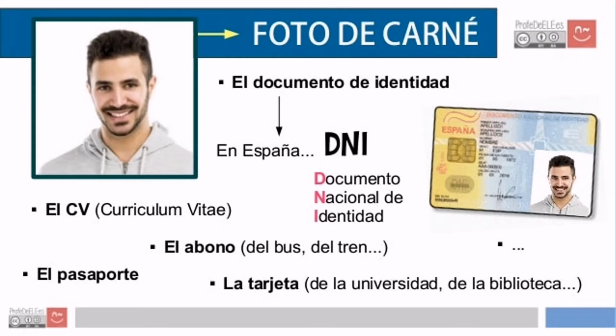El abono, which is the subscription for the bus, or el tren, which is the train. El pasaporte is the passport, and la tarjeta is the card. It can be a university card, la tarjeta de la universidad, or la tarjeta de la biblioteca, which is your library card. So these are some keywords that you can use and now understand.